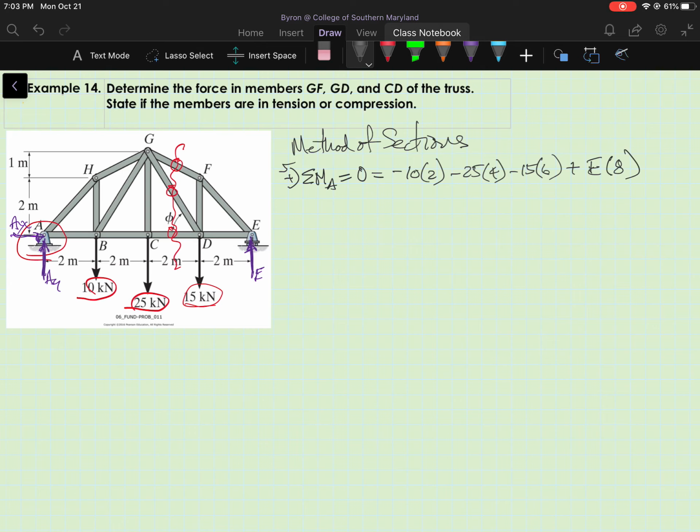And I solve that for E and get that E equals 26.25 kilonewtons.